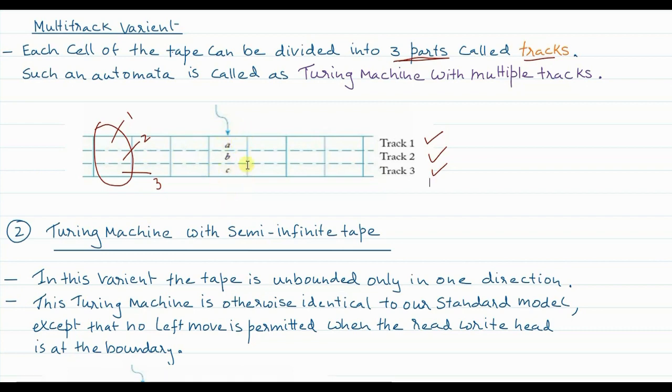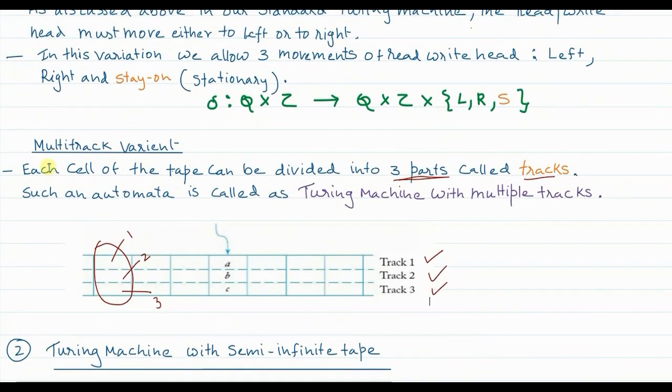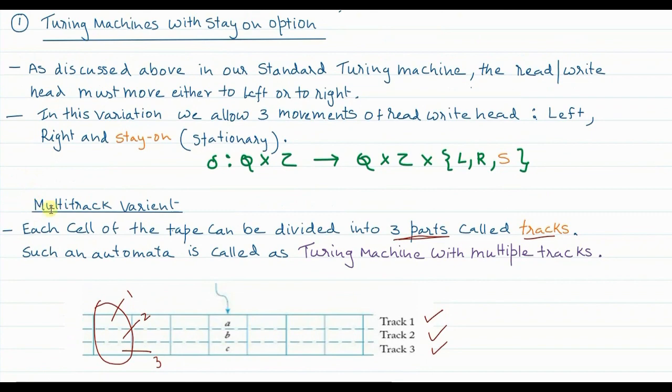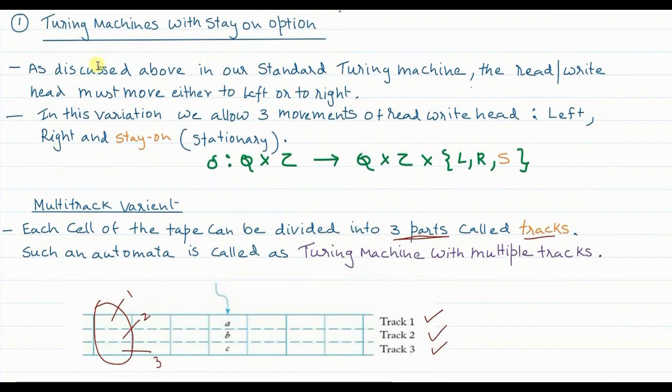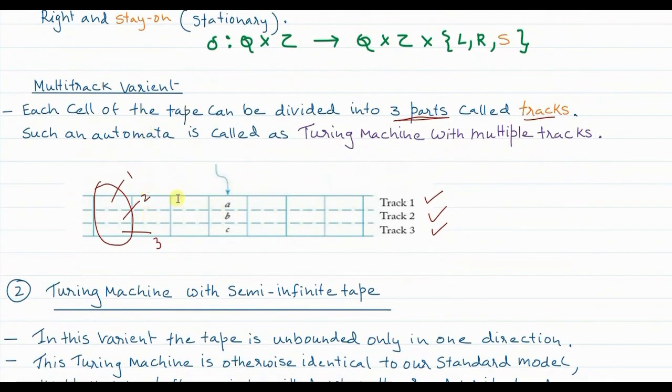Here, since the cell is divided into multiple tracks, all the symbols inserted in different tracks can be read simultaneously whenever a head is pointing to that cell. That's the difference. But Peter Linz has not categorized this multi-track Turing machine as another variant. It is just a small variant of a normal Turing machine only. So he is just displaying it here.